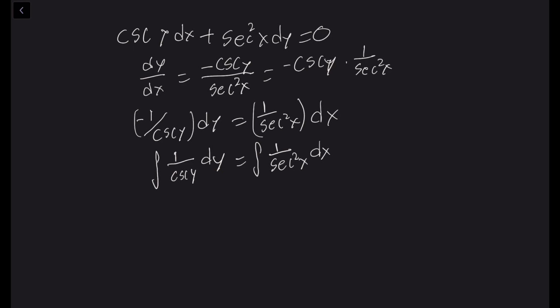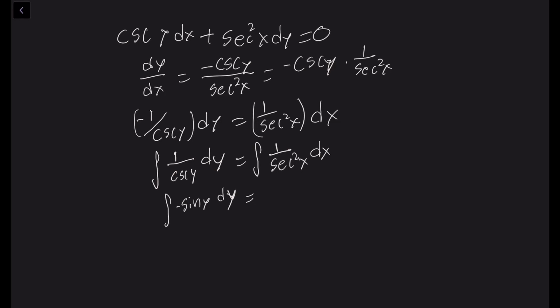So 1 over cosecant y, we just went over this, is going to be negative sine y, and so we integrate negative sine y dy.